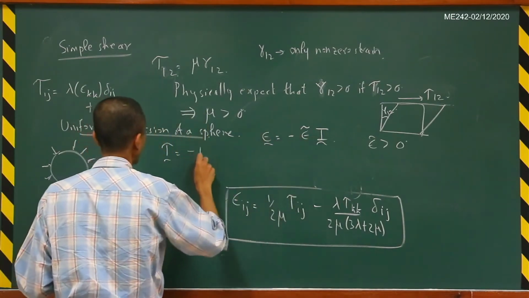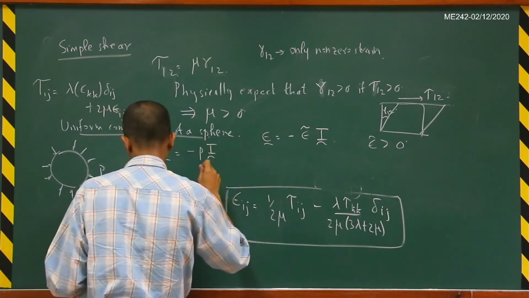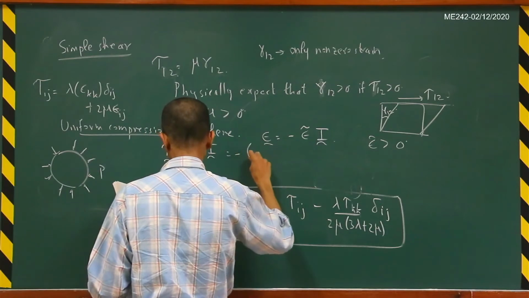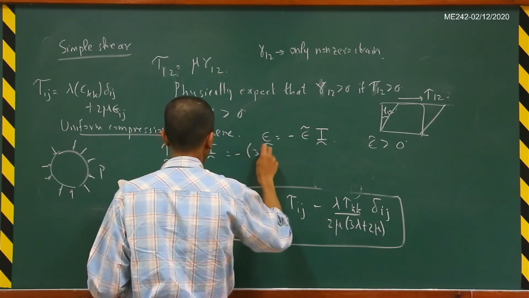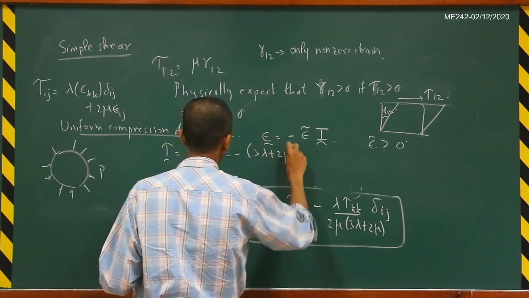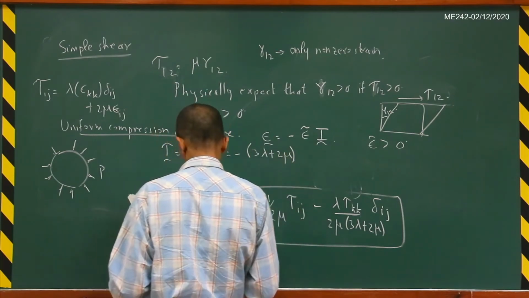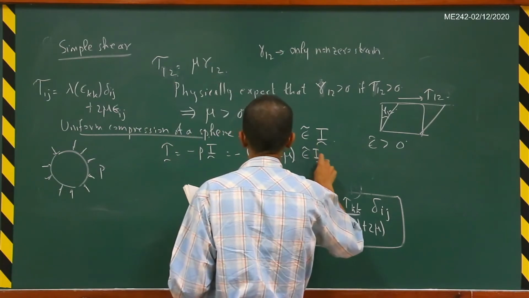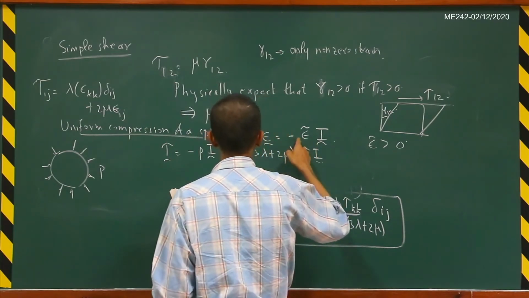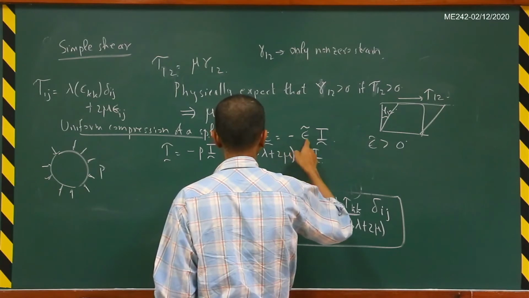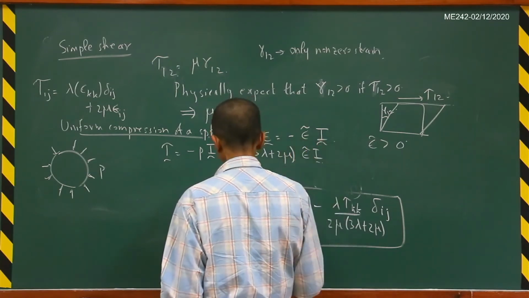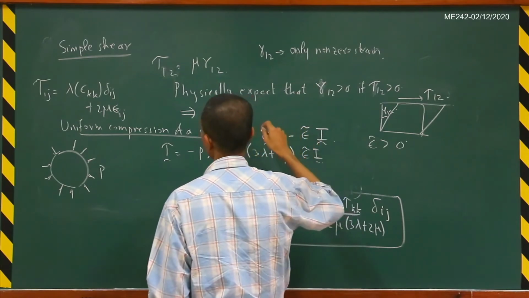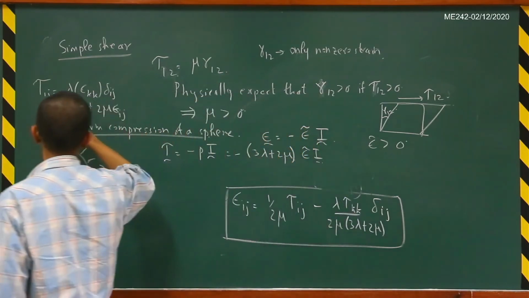So this will be minus p times I. And this is equal to minus 3 lambda plus 2 mu times epsilon tilde times I. So what I have done is that I have simply substituted this epsilon equal to minus epsilon tilde I into the relation that tau is equal to lambda trace of epsilon plus 2 mu epsilon ij.